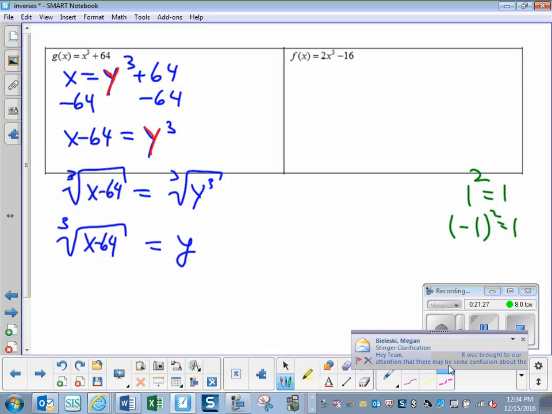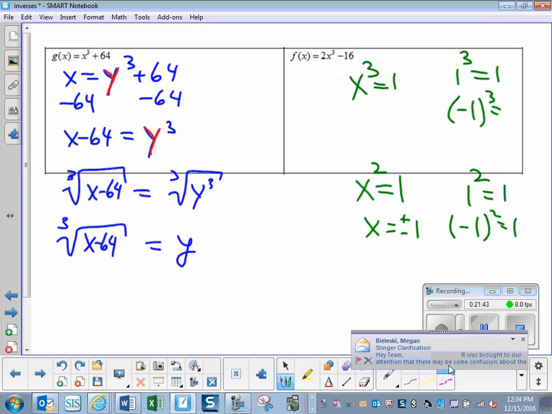So when I have the equation x squared equals 1, I need to include both positive and negative 1. But if it's about cube roots, x to the power of 3 is 1, 1 to the power of 3 is 1, but negative 1 to the power of 3 is what? Negative 1, right? That's why when I solve this kind of equation, I only have one answer. That's why we don't do the plus minus here.